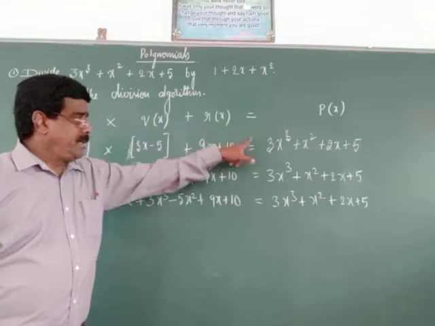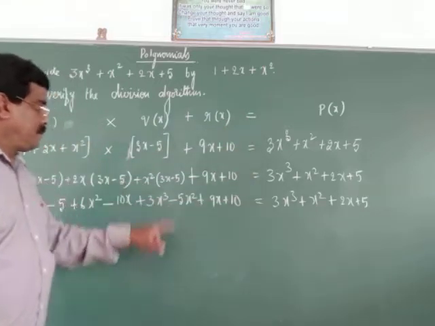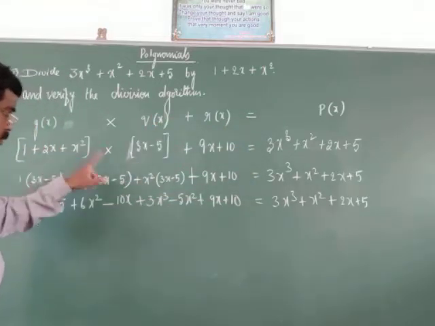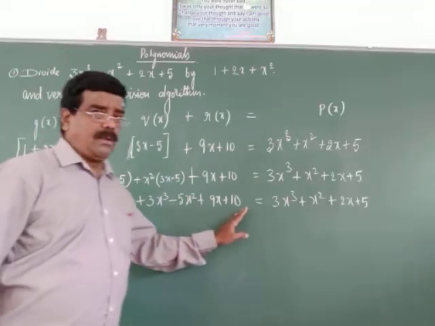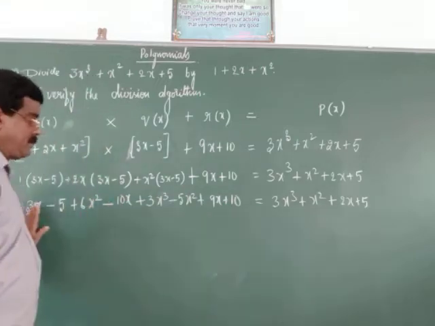See, try to understand how you have to write this equals, and this plus, and this into. Now in this step you have to group the like terms.